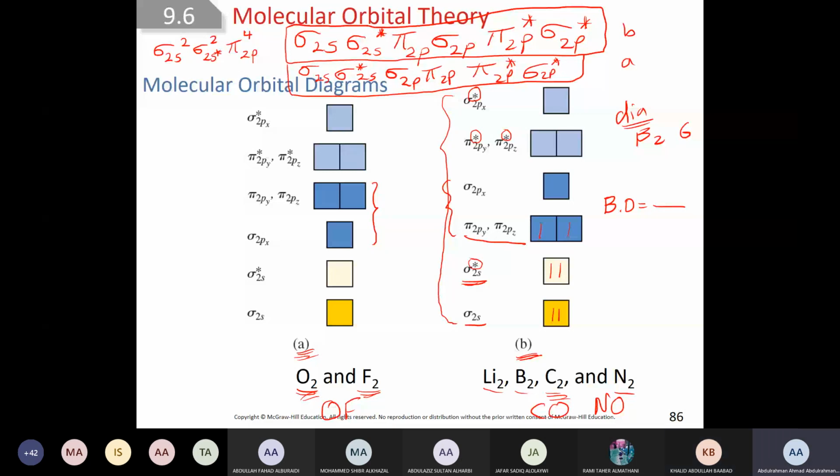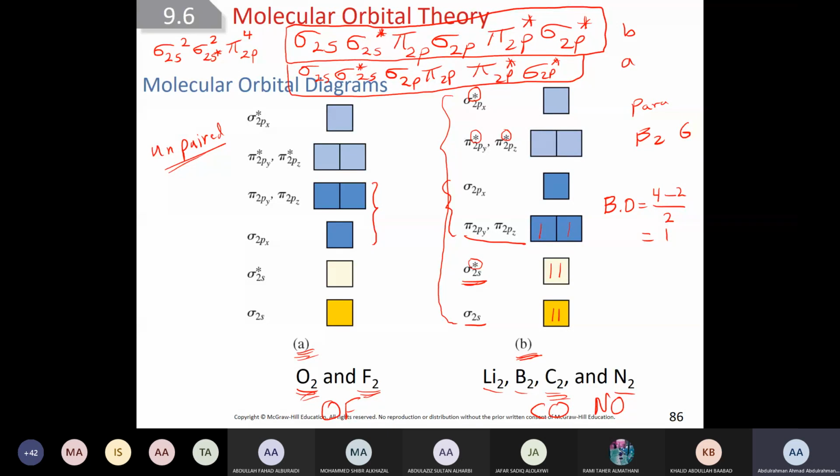Now, is this diamagnetic or paramagnetic? Paramagnetic. Why? There are 2 unpaired electrons. Exactly. What's the bond order? 4 minus 2 over 2, which is equal to 1.